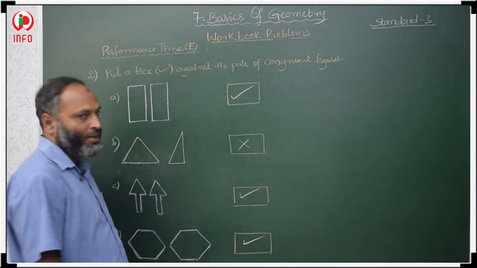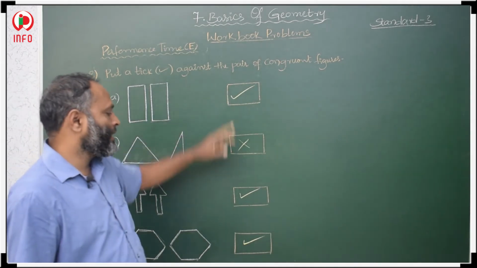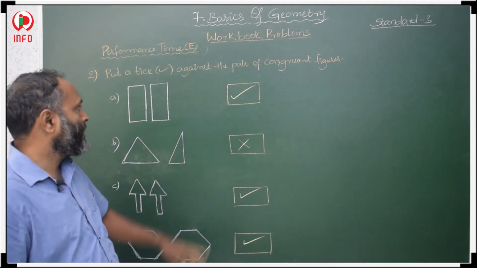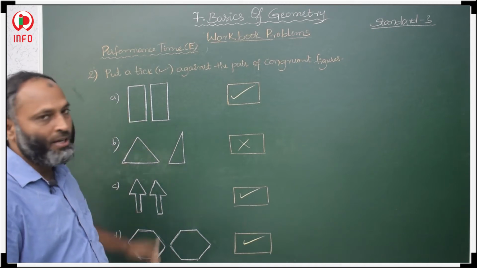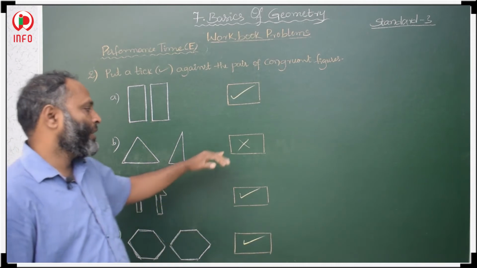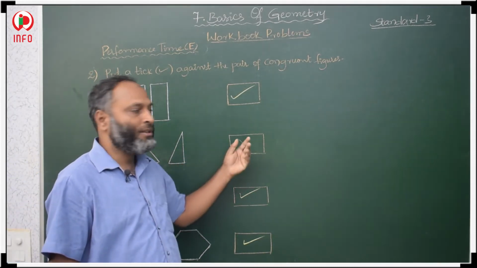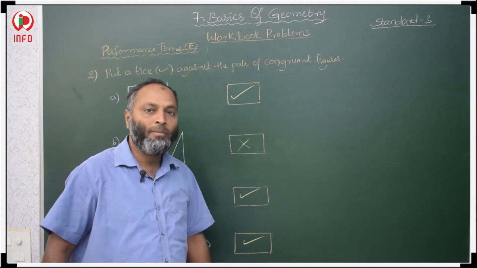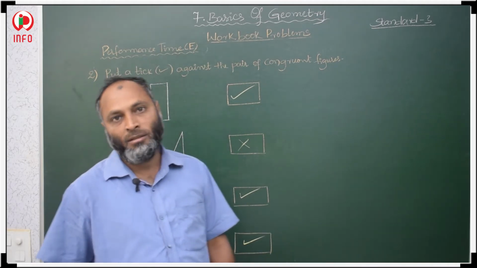So we have to keep a tick mark. Okay. These three figures are congruent. These triangles are not congruent. If you leave it as it is, that is your wish, or otherwise you keep a cross mark. Okay. So this is the congruency condition.